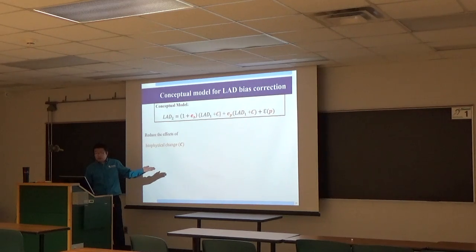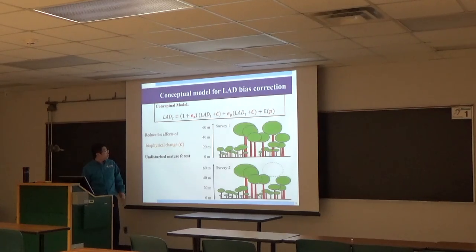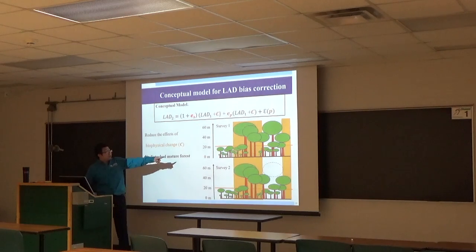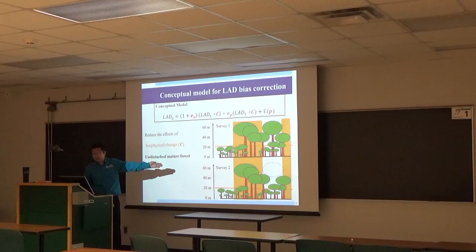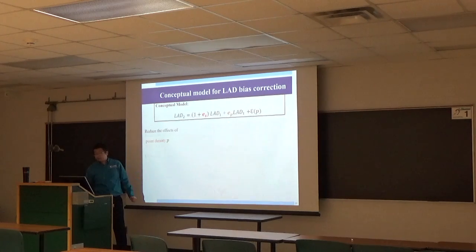Now I want to reduce the first part, the physical change, from the model. So I focus on forest with no structure change, using spatial sampling to figure out which parts don't have significant canopy change. I assume these are undisturbed forests with no significant structure change, so the change term in the model will be close to 0. The model can then only have effects of pulse density and the sensors.